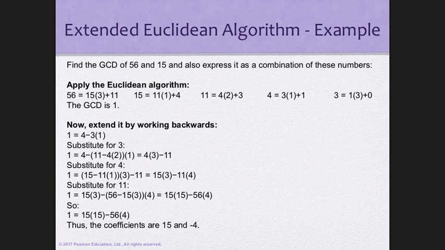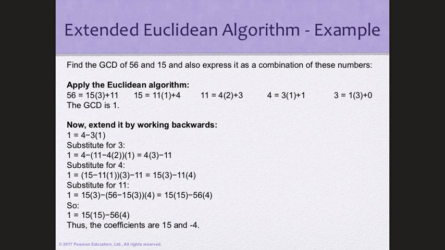Okay? And go backward, you will end up with the greatest common divisor, the 1 that you got here, represented as a linear combination of the two numbers, the 15 and the 56. The linear combination here is minus 4 times 56 and plus 15 times 15. Okay? So we have reached the objective, yes?